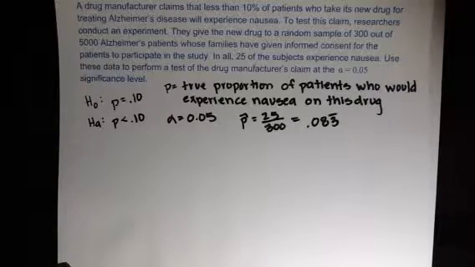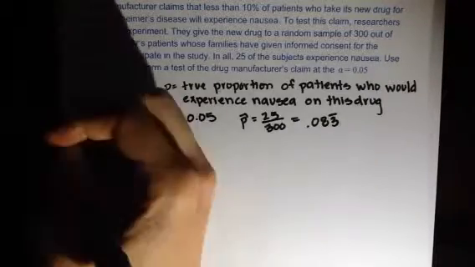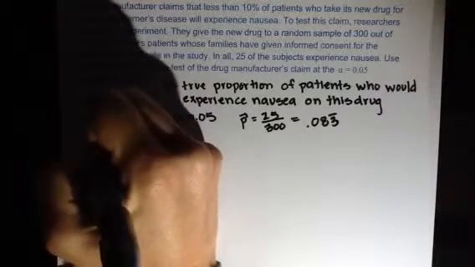Now first, before we do any calculations, we would have to check our conditions. We know that we have an SRS of 300 patients. In checking our 10% condition, we know that 300 is less than 10% of 5,000.